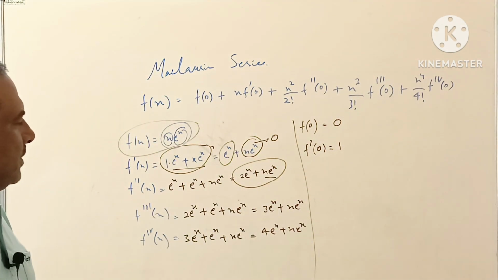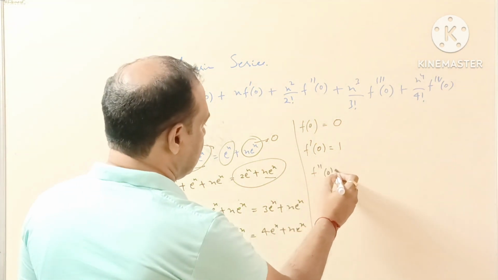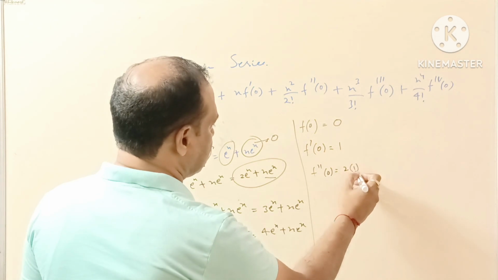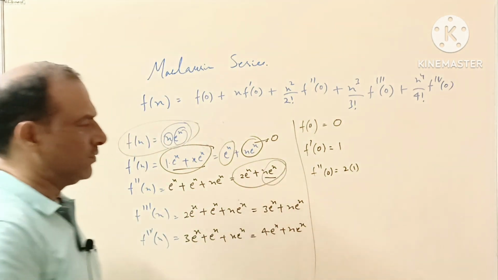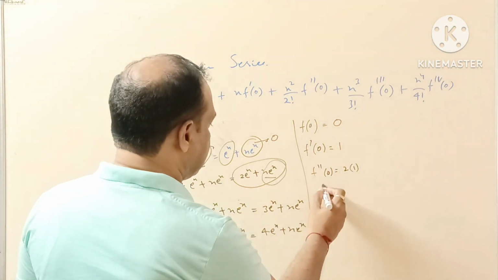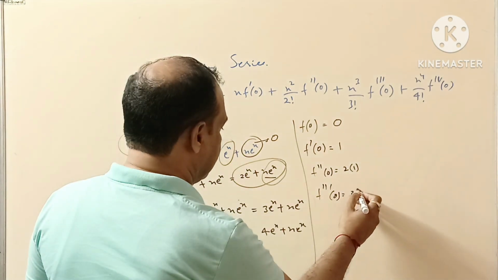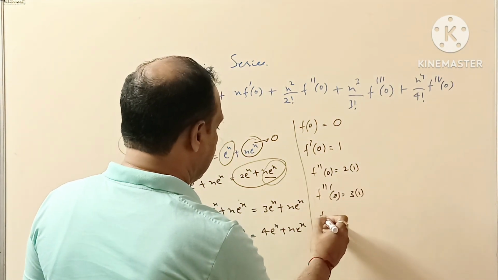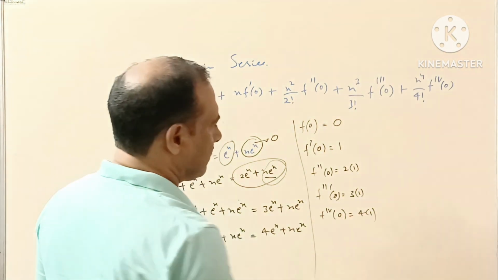Now in the third part, f''(0), I will have twice times 1 plus 0 for this very part, therefore I won't use this. In the third differentiation, f'''(0), I will have 3 times 1, and for the fourth differentiation I will have 4 times 1.